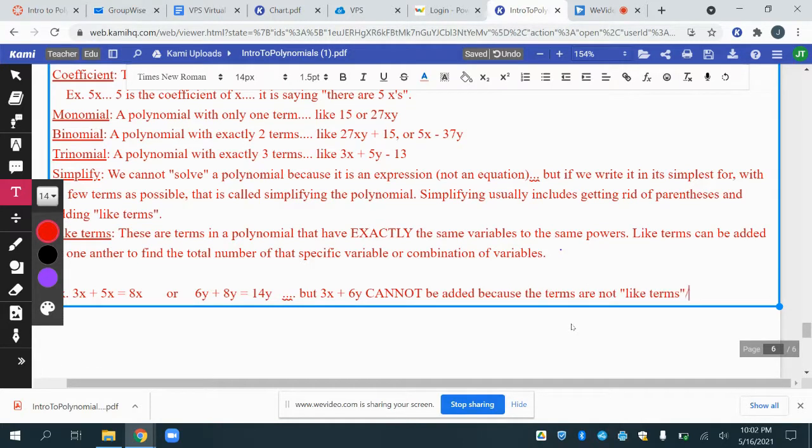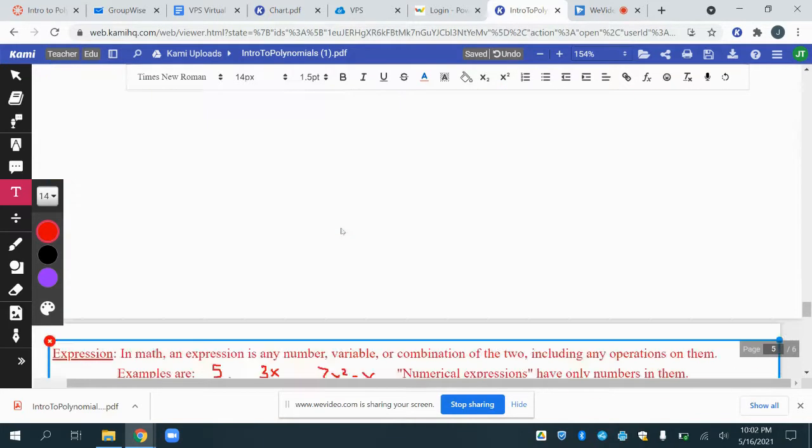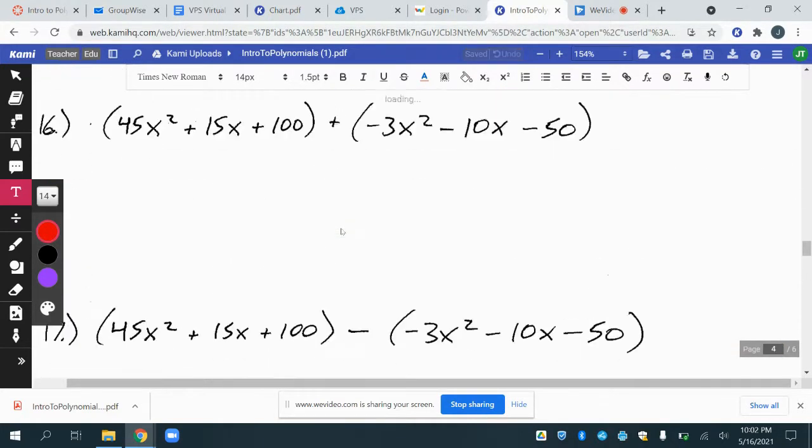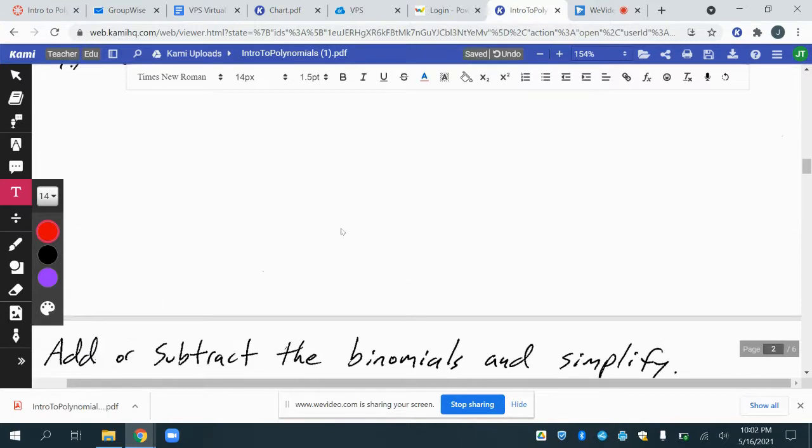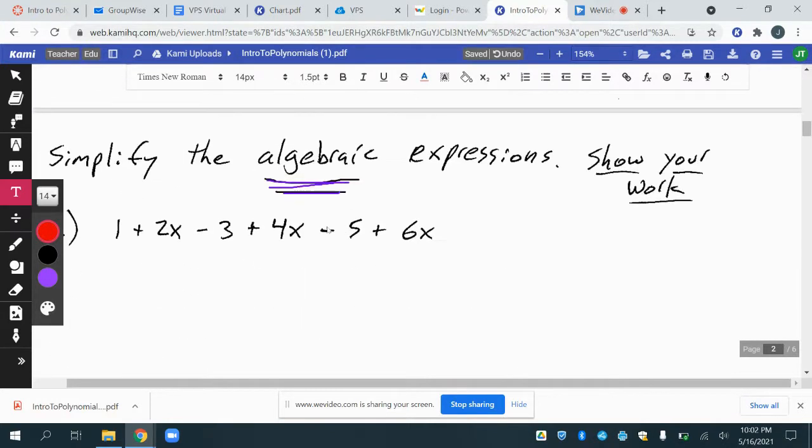That's why. So let's apply that to here. What are the like terms? Well, all I have to do is keep track of them. It's actually not too bad.